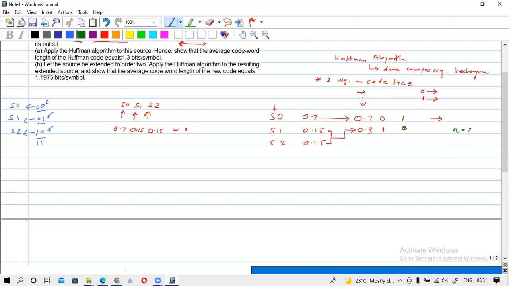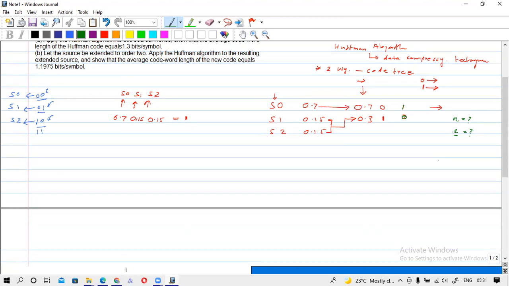The average code word length you will get is the same value, and the efficiency you will get is the same value. I hope you get it.